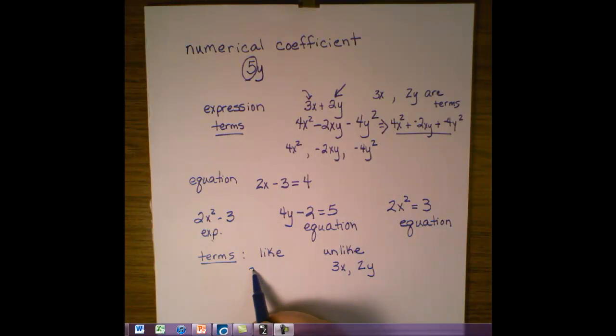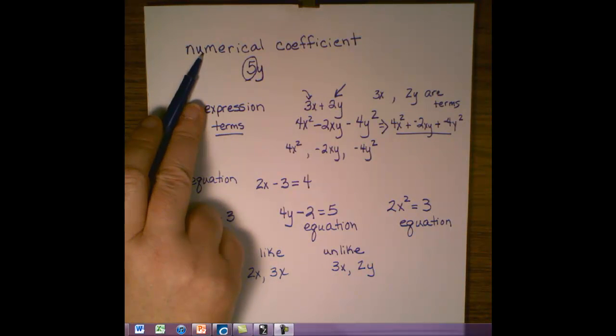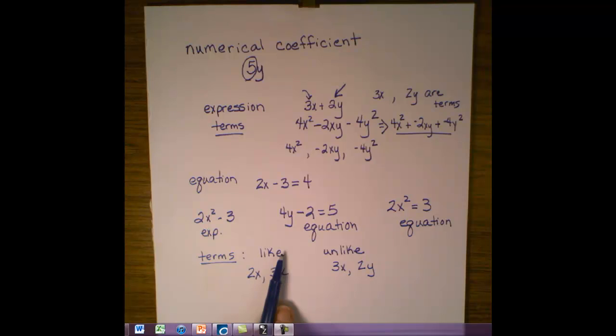If I have 2x and 3x, these are like terms because the x parts are the same. Notice that it's not the numerical coefficient that has to be the same, but the variable part. So to be a like term, you have to have identical variable parts.